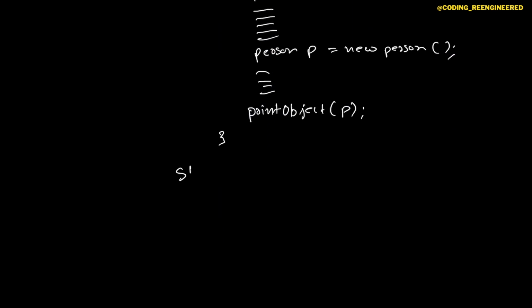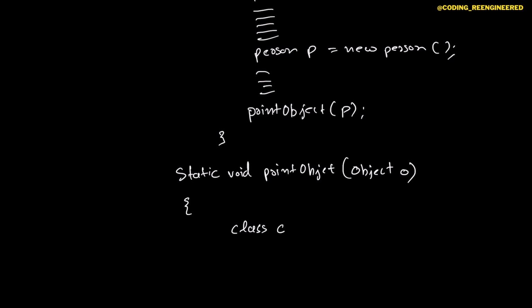Now let's define this particular method: static void parentObject. Since we're passing an object, we need to receive the same. We'll create an object of Object class, and then we need to get the details of this particular object. As we said, class of class, let's define Class objClass equals o.getClass().